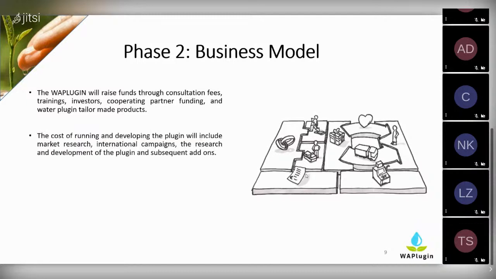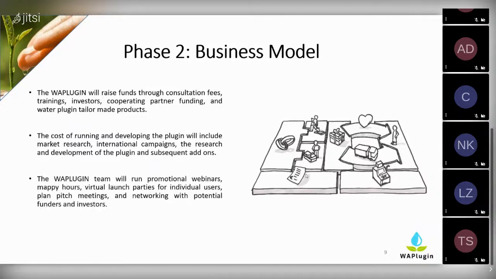Also, we identified that the cost of running and developing the plugin will include market research, international campaigns, the research and development of the plugin, and subsequent add-ons. So to be able to find funds and make our plugin known to users, the WaPlugin team will run promotional webinars, MEPI hours, virtual launch parties for individual users, plan pitch meetings, and network with potential funders and investors.